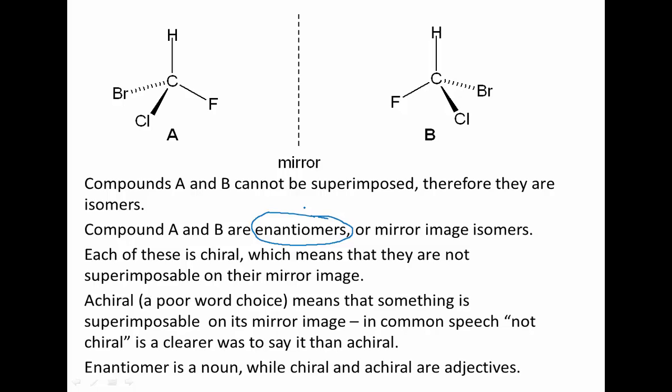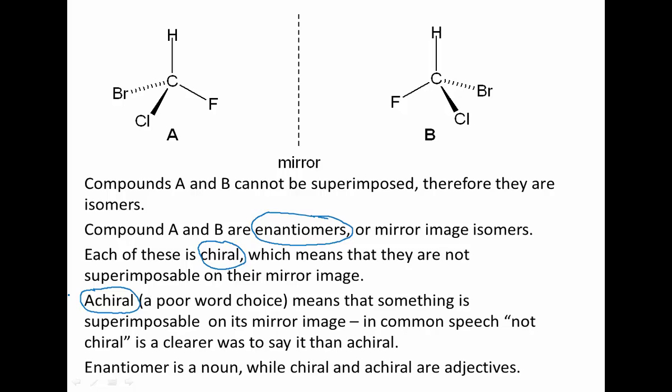Okay, we use the term chiral to refer to this property where the mirror image is not superimposable. And we use the word achiral, and this is not a good word choice either, I'll explain that in a second, which means that something is superimposable on its mirror image.